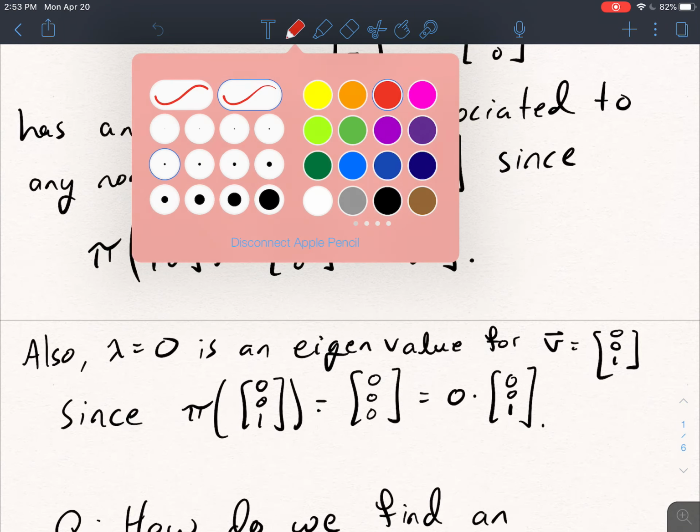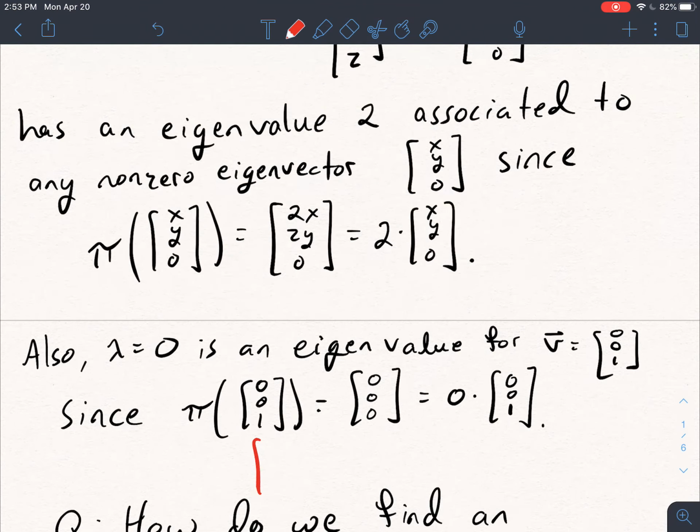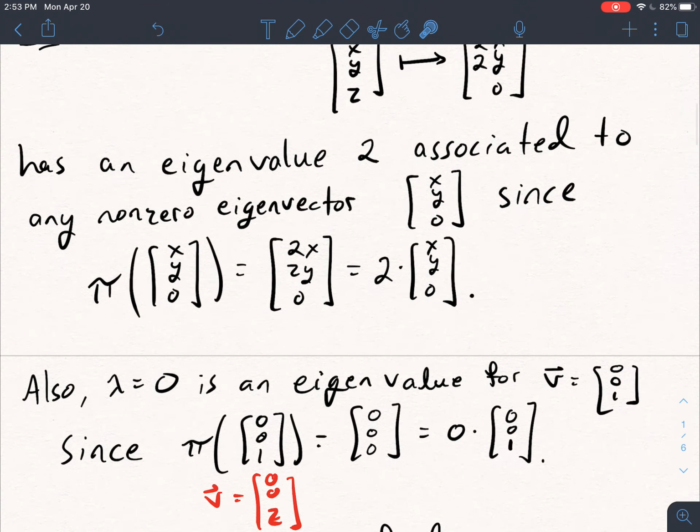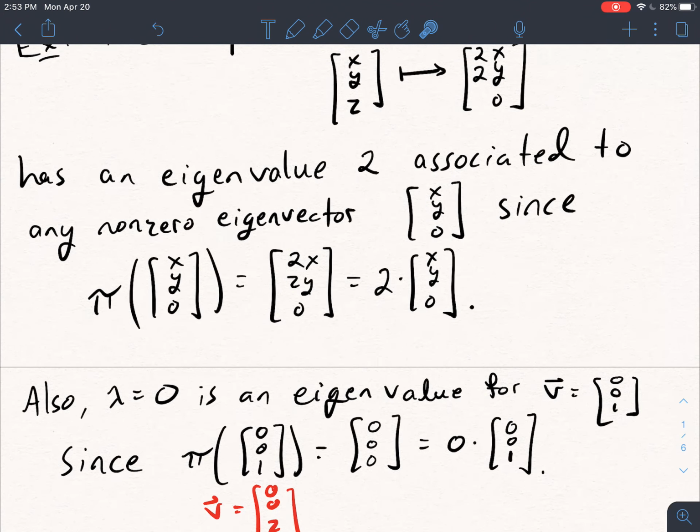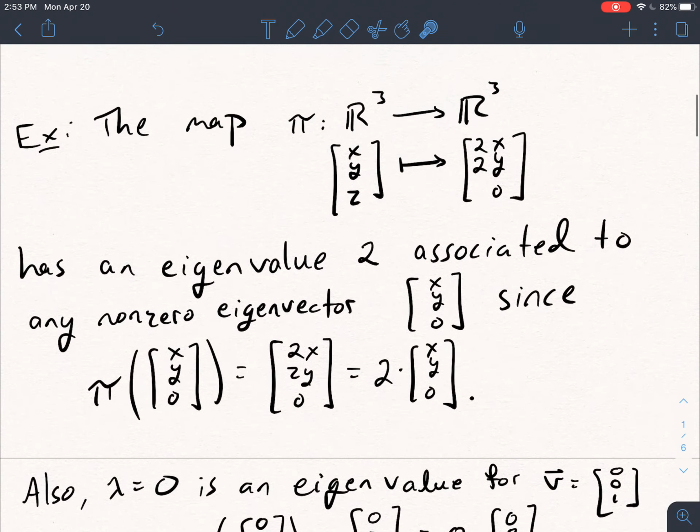And for any vector v of the form 0, 0, z, this would also be an eigenvector for the eigenvalue 0.